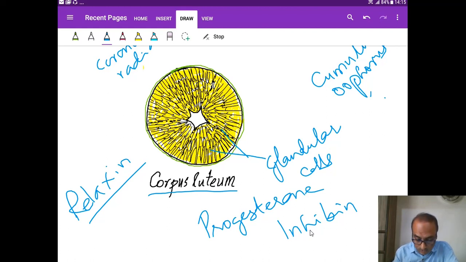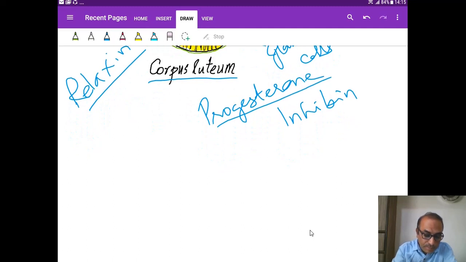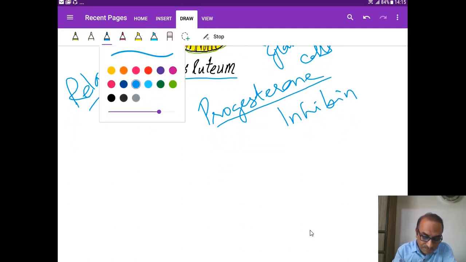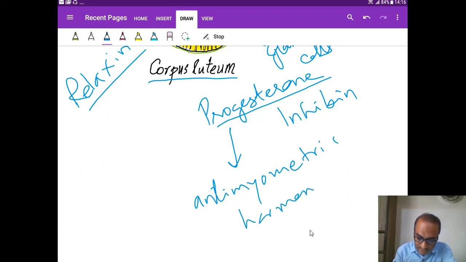Otherwise, progesterone is the main hormone produced from the corpus luteum, and this progesterone is an anti-myometric hormone. So what is the meaning of anti-myometric? Wherever the word myo comes, we know that it is related to muscle.